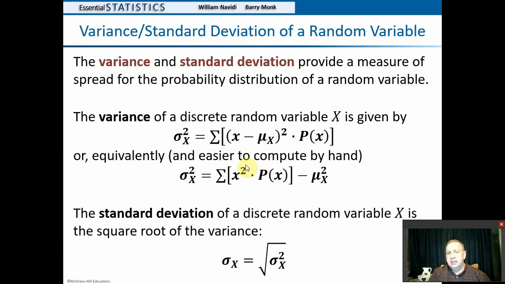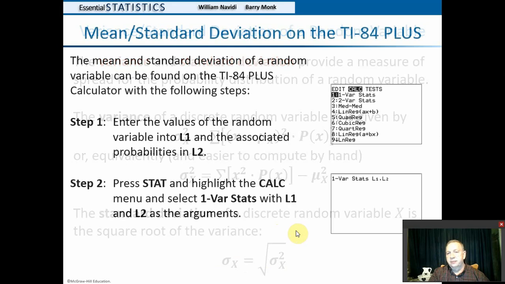If I set this up in Excel, all I need to do is square the x and then multiply by its probability, add these up, and then subtract the mean squared, and that's an equivalent calculation. Either one of these is going to give me the same thing, and my standard deviation is just from taking the square root of the variance.